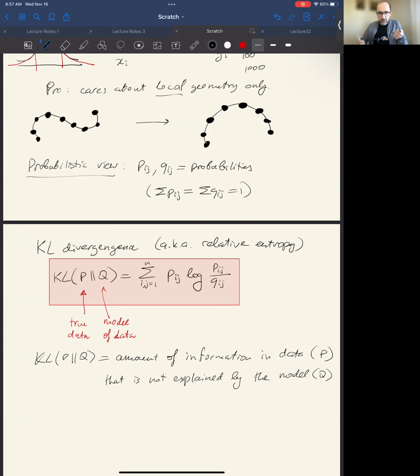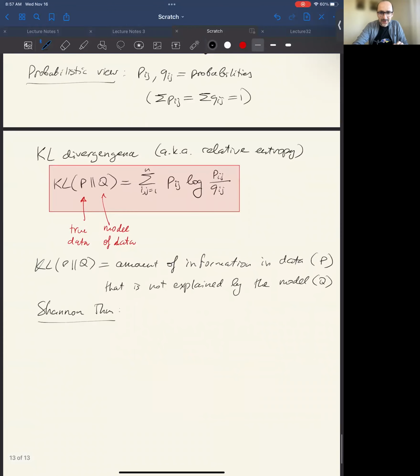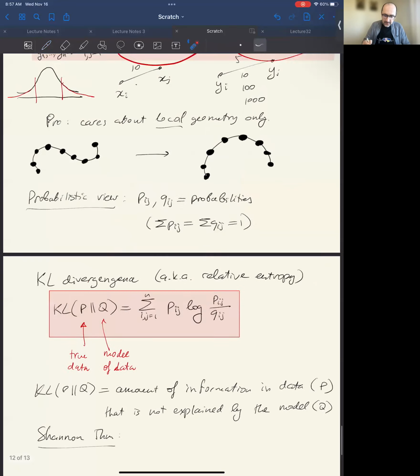We can make the statement rigorous. This is Shannon theorem. That measures the amount of information as a number of bits. I will not go into that direction because this is information theory, but it's a beautiful theorem. You should take a look at it. The point is that we are doing exactly the same.